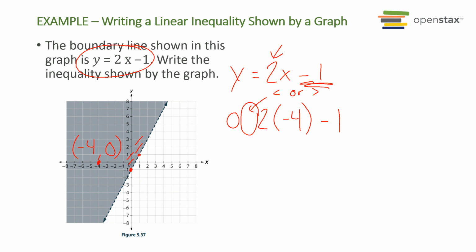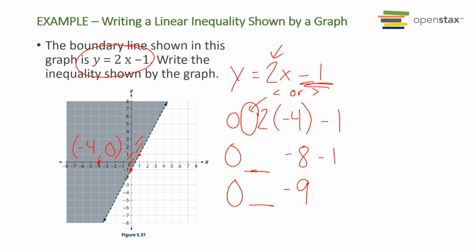I know it has to be a strict inequality because I can see that the line is dashed. So we have 0, and then a blank space, and 2 times -4 is -8, minus 1, which is -9. We're filling in what the relationship between those two is.